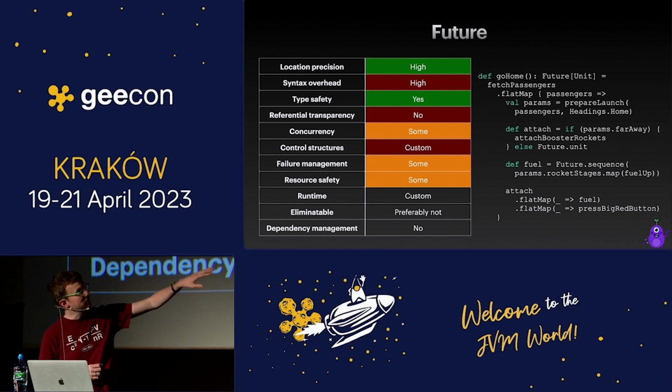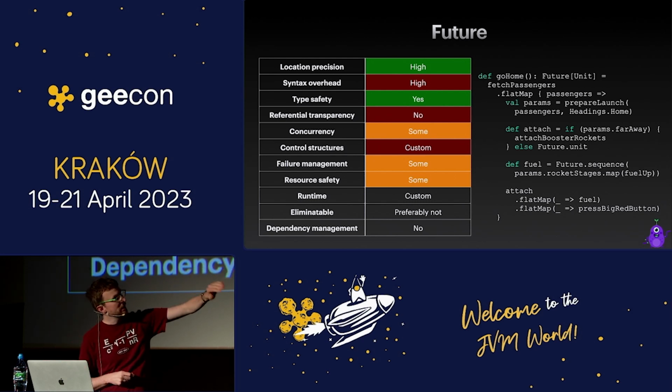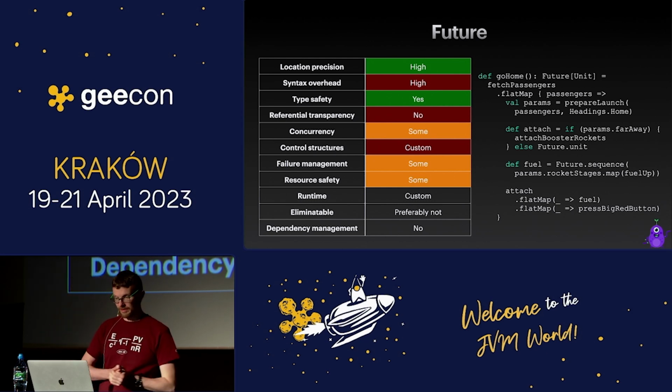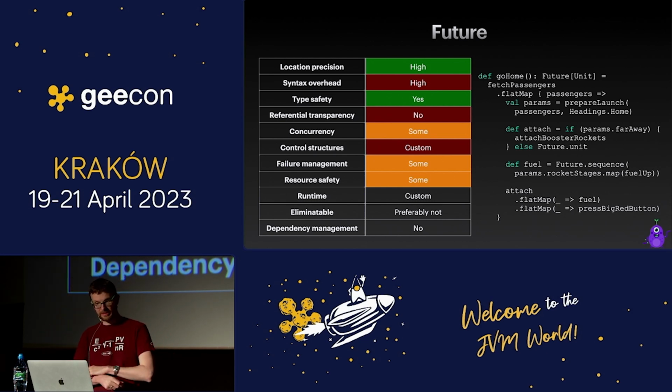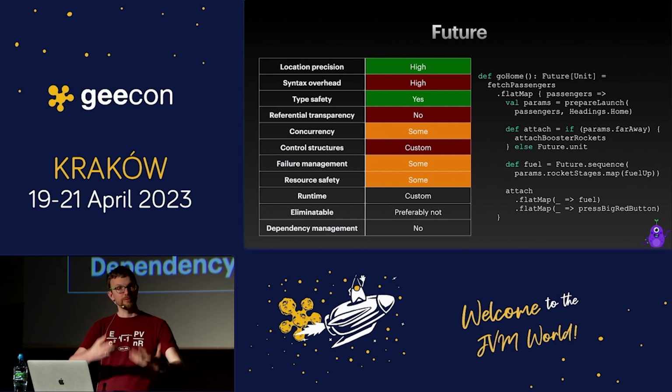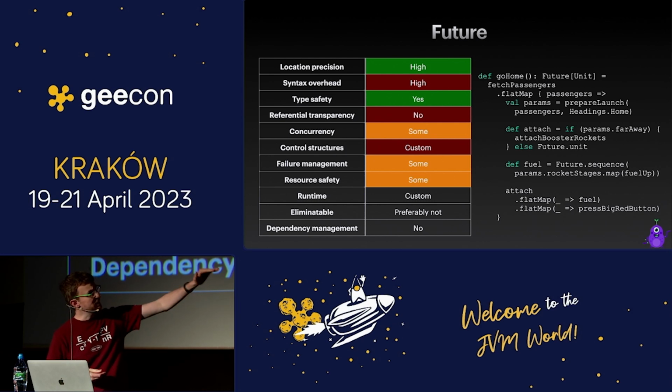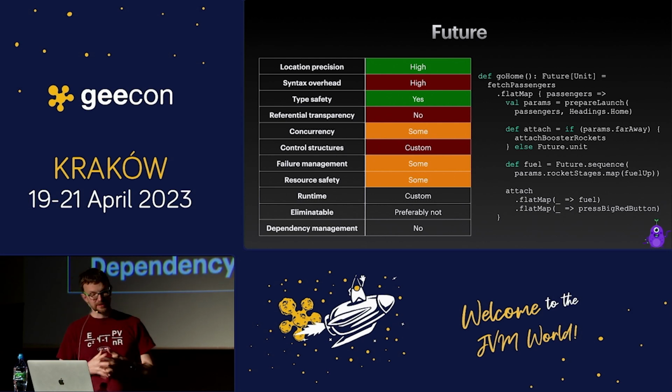We take the rocket stages and map over the list of rocket stages, and for each rocket stage we call the fuel up method, which accepts a rocket stage and returns a future which will be complete once that stage is fueled up. And then we sequence it once again with pressing the big red button.